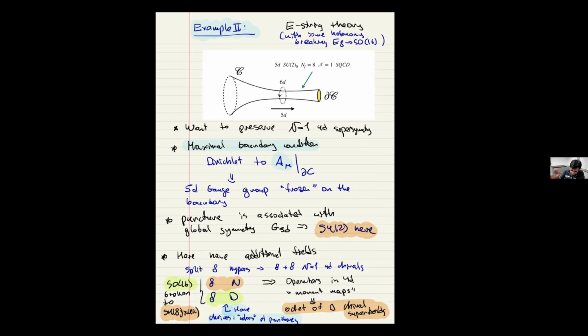So all I want you to remember from this story is that the symmetry that you have, which is associated to the puncture for the E string, is SU2, and you have an octet of natural operators in the fundamental representation of SU2, which come from these fields that you have in 5 dimensions, and this will become important later on.